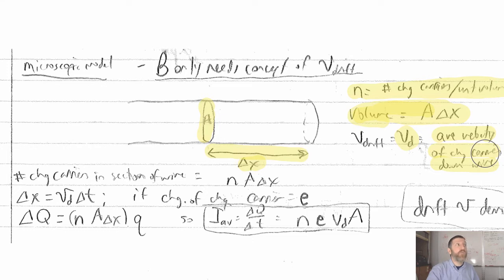What actually moves very fast? The charge does not move very fast. It moves at 0.1 millimeters per second. What does move fast? The electric field moves at almost the speed of light. And what that does is push the initial electrons, and then it very quickly pulls the electrons at the very other end of the wire.